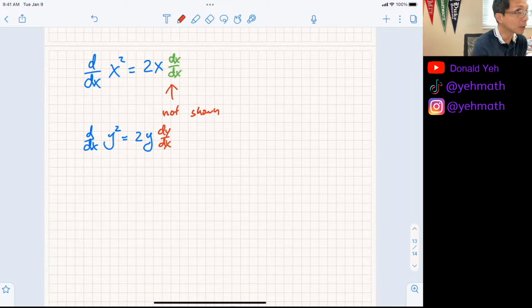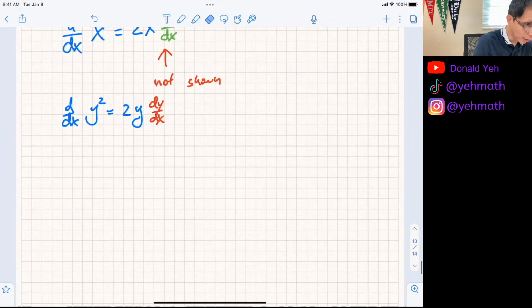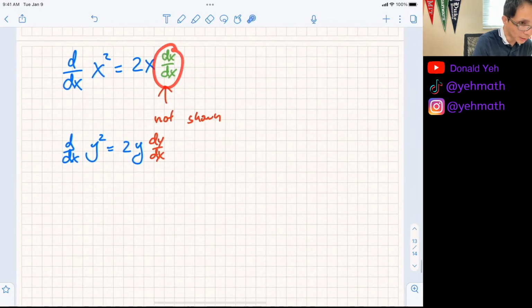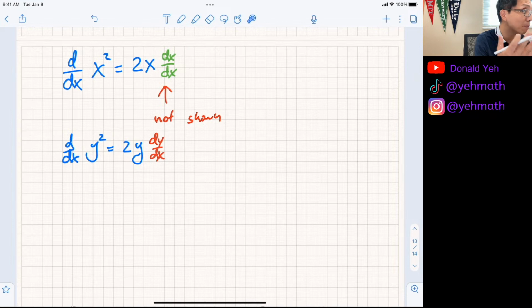Because I'm taking the derivative of y squared first, which is 2y. Now I have to take a derivative of y, but with respect to x. That's something very interesting that shows up, because this one, people just take for granted. It never shows up. They just write down 2x, so they never see that. But anytime you take a derivative of y with respect to x, you're going to get a dy/dx. Build that habit into your brain when you're doing today's problems.